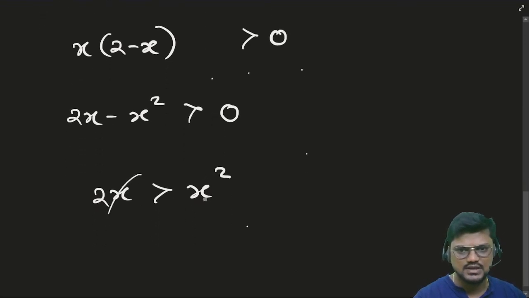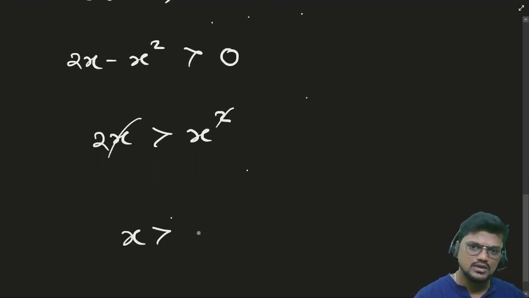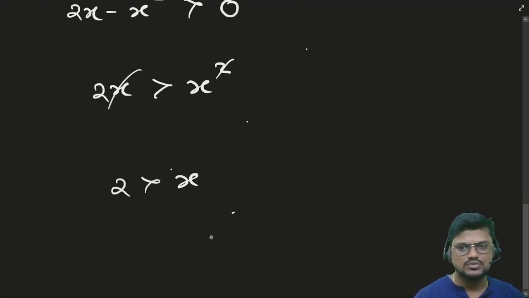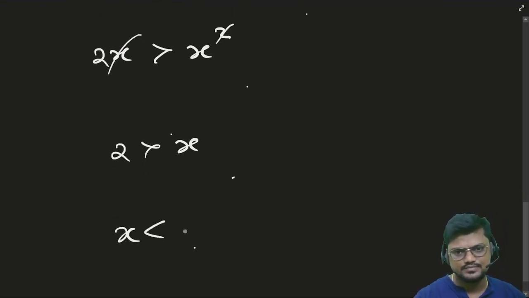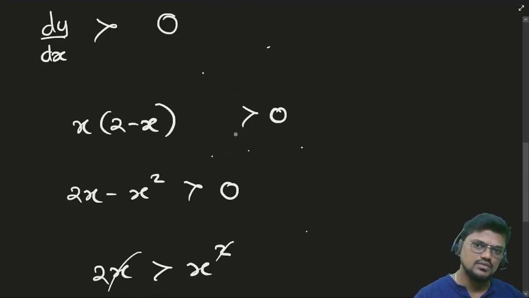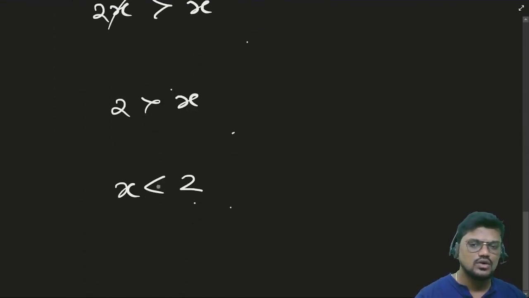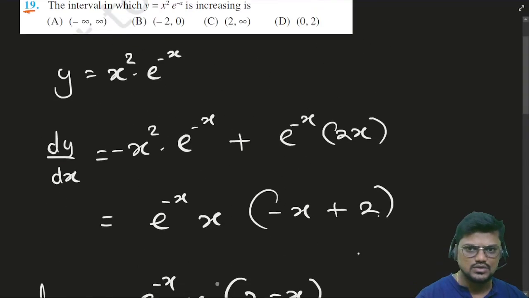If I cancel x, x has to be greater than 0 and x has to be less than 2. So the given function is increasing when x is less than 2.